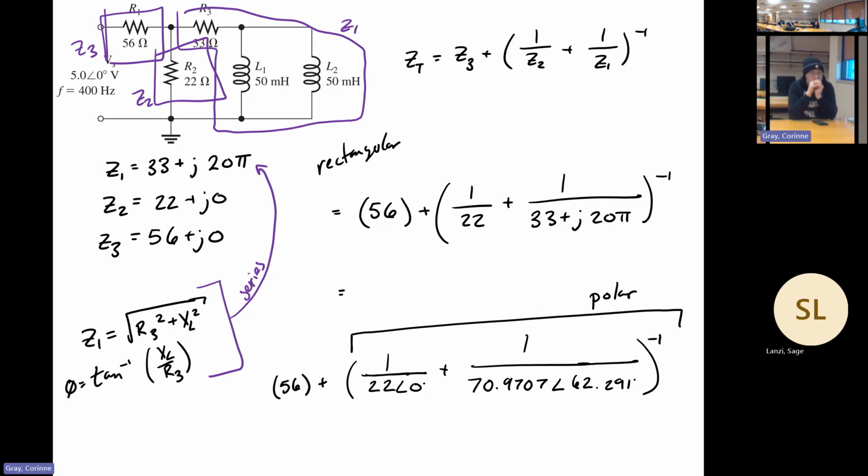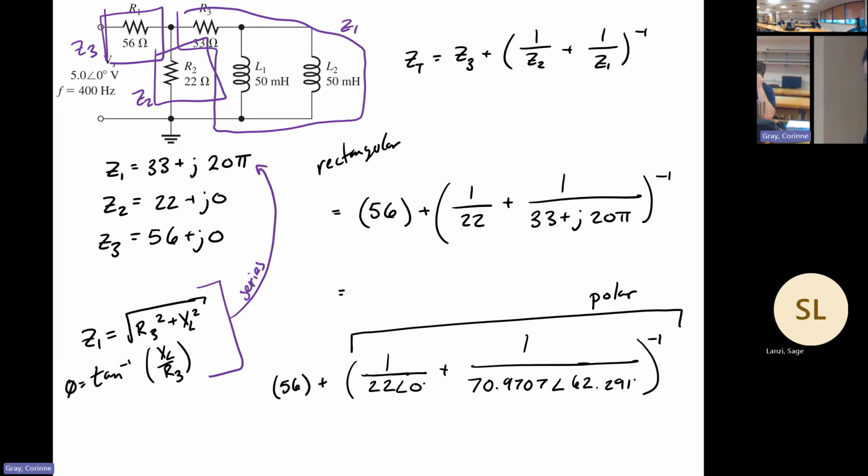Or you can go through and put it in terms of G and BL, which, right, those are the inverse. Put them in polar, add them together, and do it that way. So we can cross multiply, so give them the same denominator for going through and doing that.